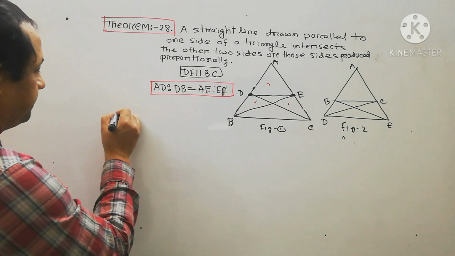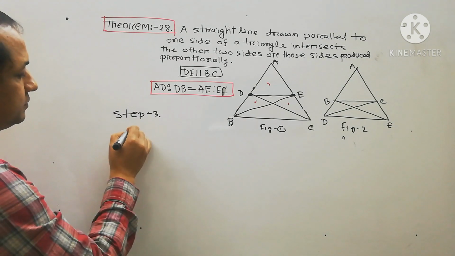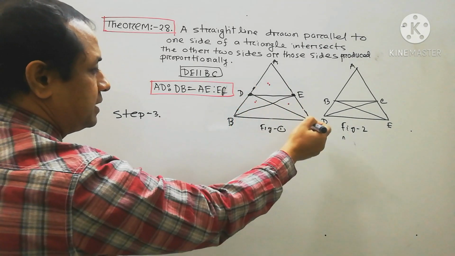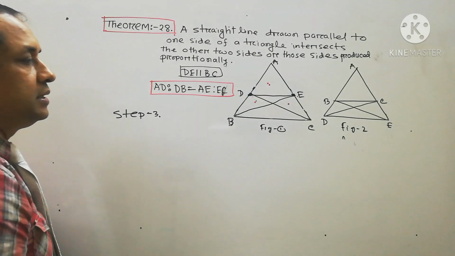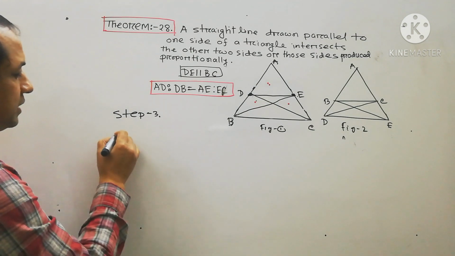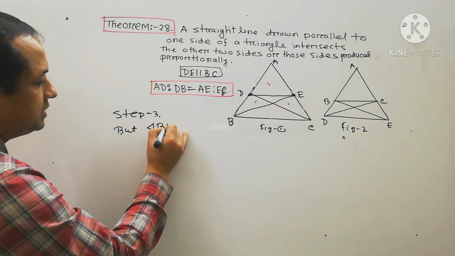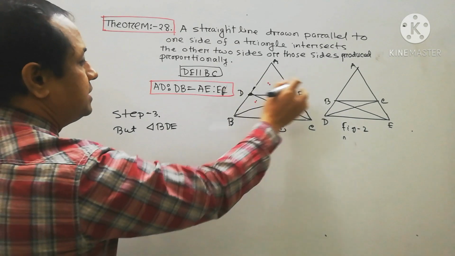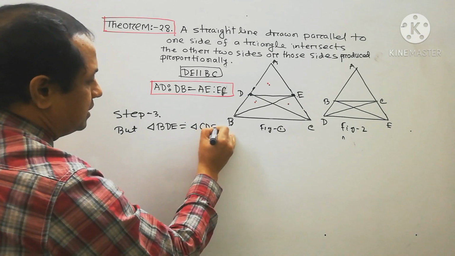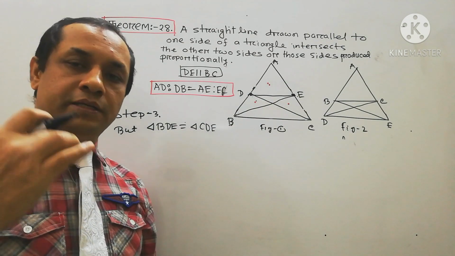Step number 3. Now here, the area of triangle BDE and the area of triangle CDE are equal because they are on the same base DE.